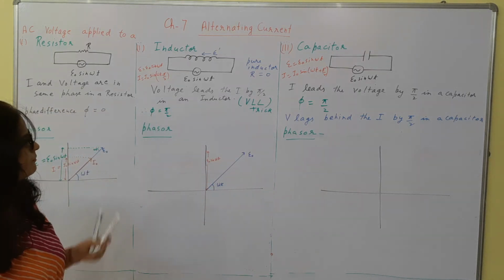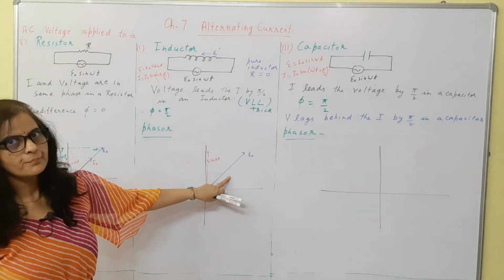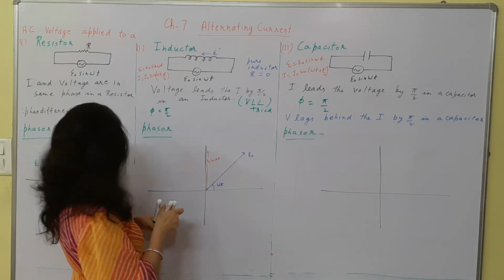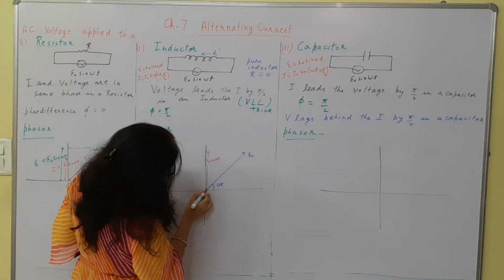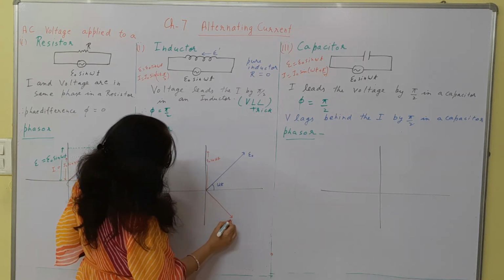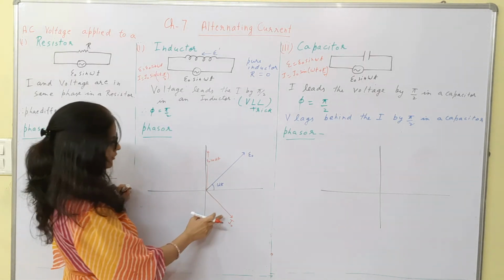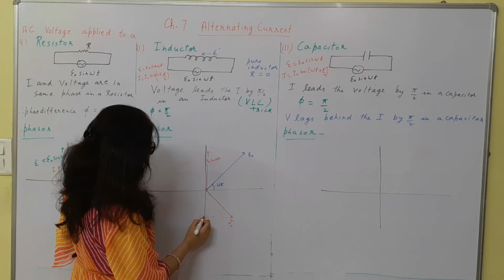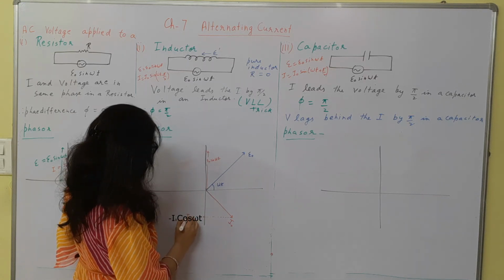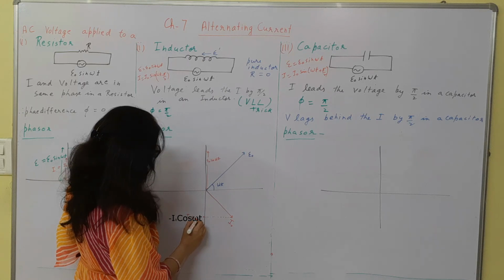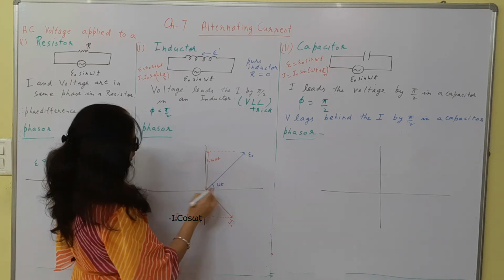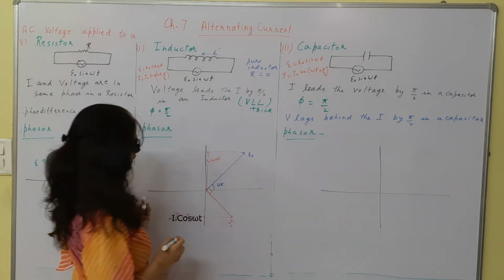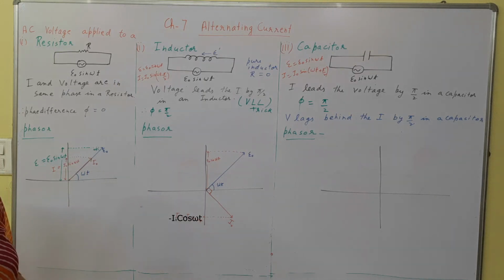We know that voltage leads the current by pi by 2. Leads the current means we consider it anti-clockwise. So if we want to draw the current, this will be at 90 degrees here. This is I naught, the peak value of the current given by this phasor, and if I want to know the time varying value, this is minus pi by 2, so this will give you minus I naught, right? So this is the phasor for inductor.